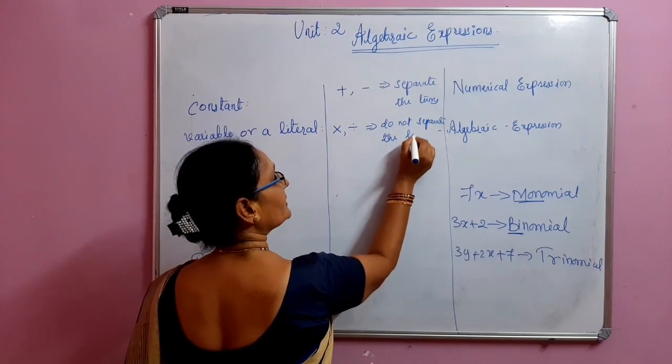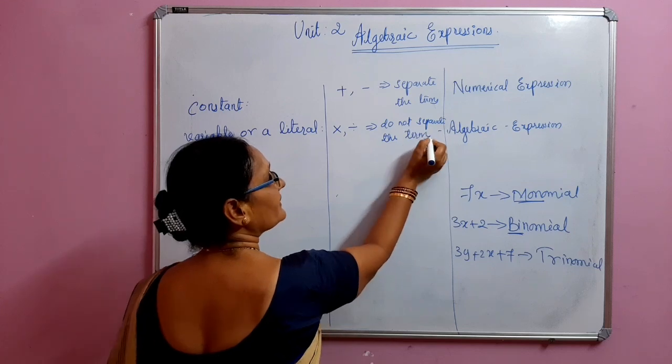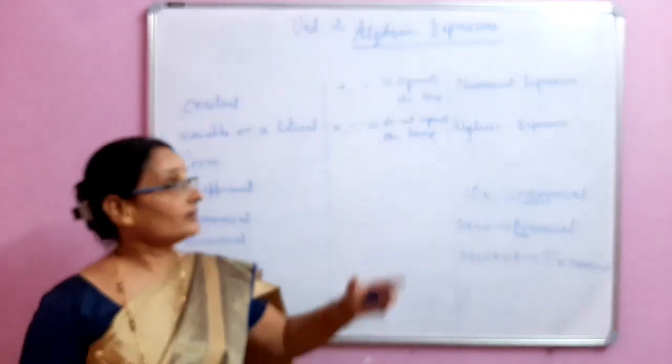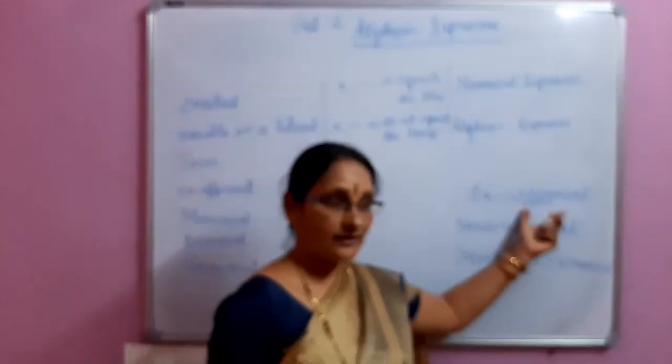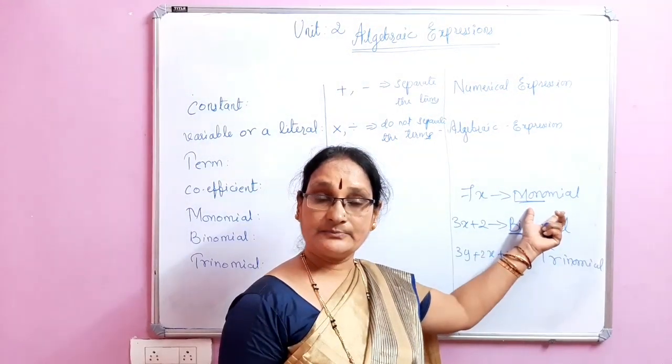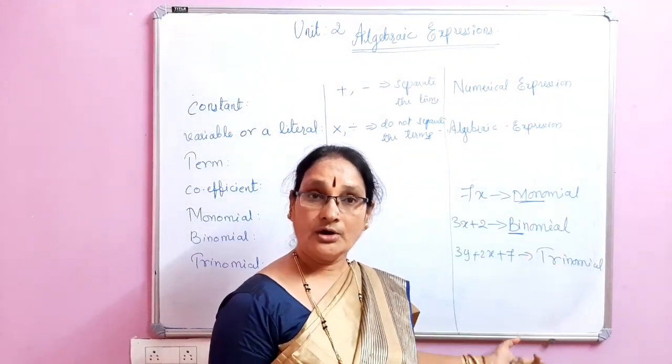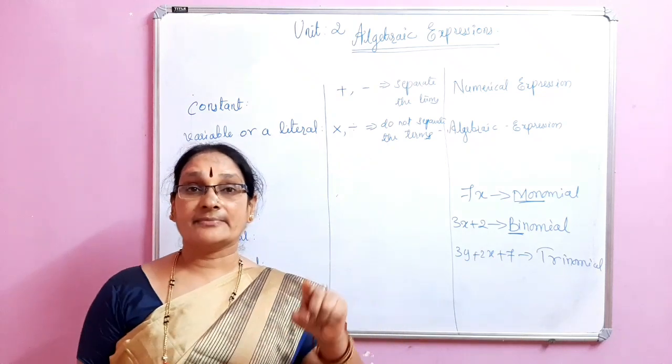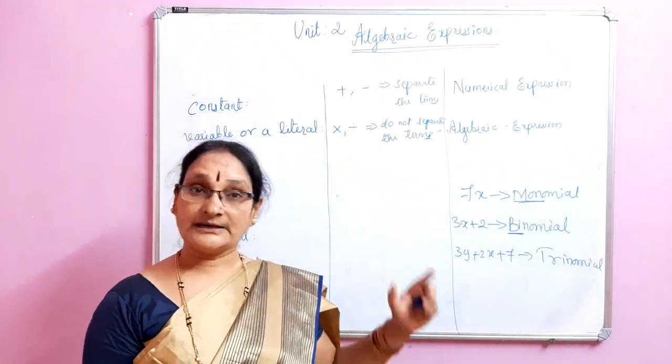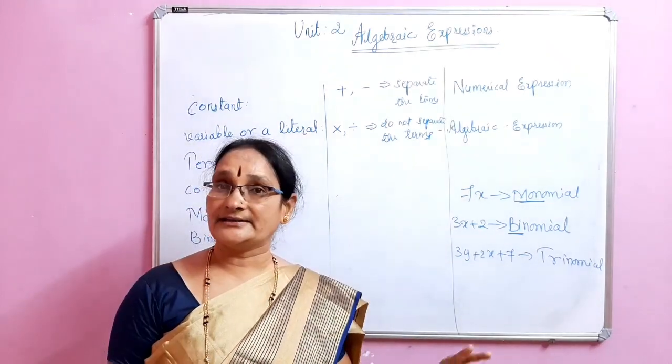Very, very important terms you are learning now. So plus and minus always. We classify them as monomial, binomial, trinomial on the basis of plus and minus signs. Division and multiplication never separate the terms.